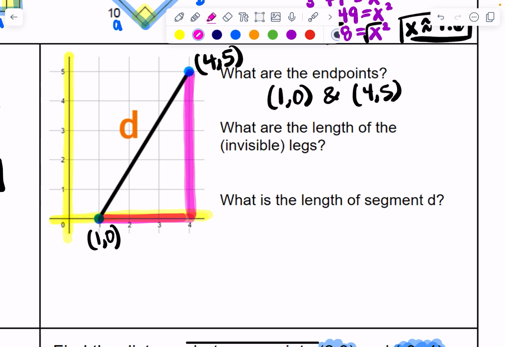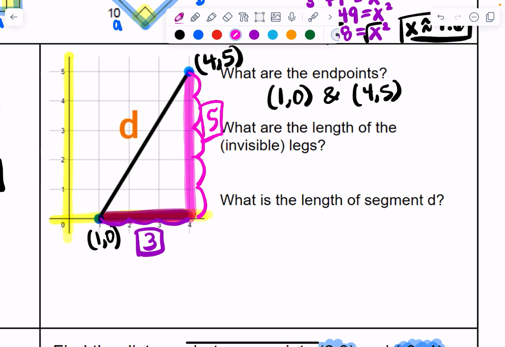So from the horizontal line from left to right, this purple one, that I'll try to darken a little bit more, the length of this purple one is 1, 2, 3. And the length of the pink one, the vertical one, 1, 2, 3, 4, 5. So those are the lengths. We'll just say 3 and 5.